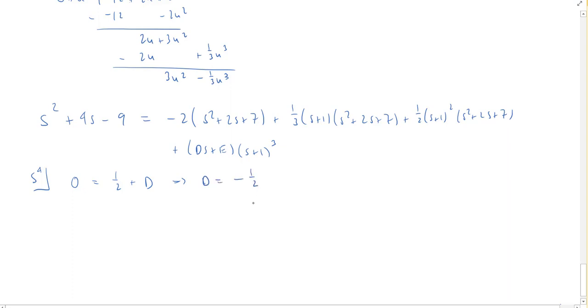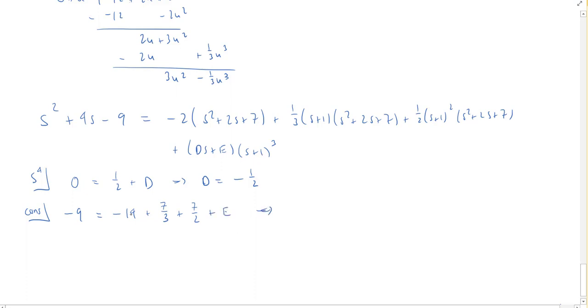Okay, now I'll look at the constants. On the left-hand side, I have negative 9. On the right-hand side, I have negative 2 times 7, which is negative 14. I have a third times 1 times 7, that's 7/3. I have a half times 1 times 7, that's 7/2. And then I have e times 1, so plus an e.